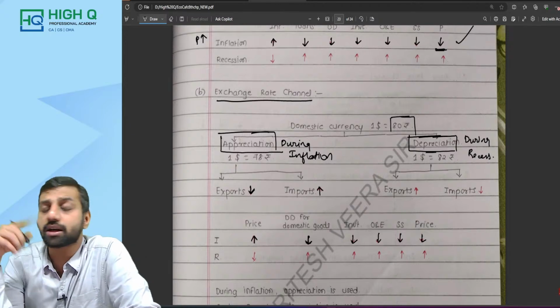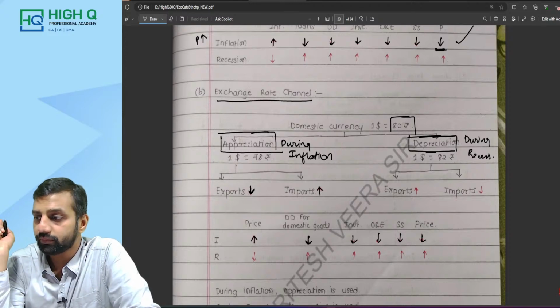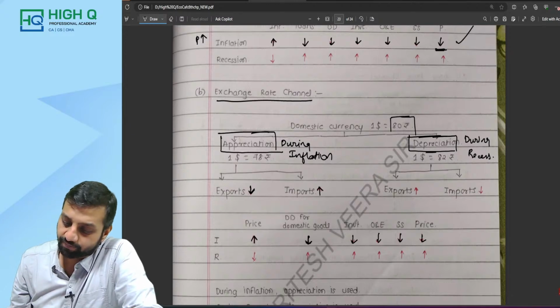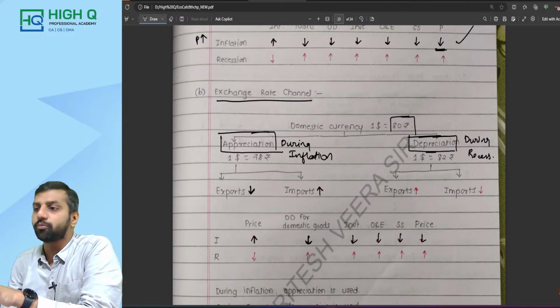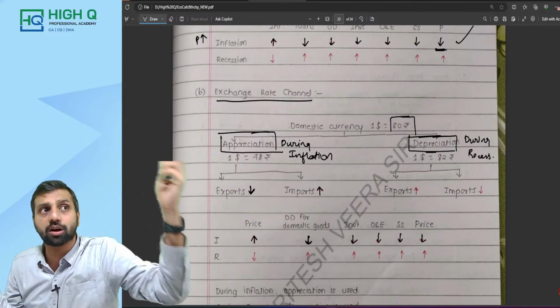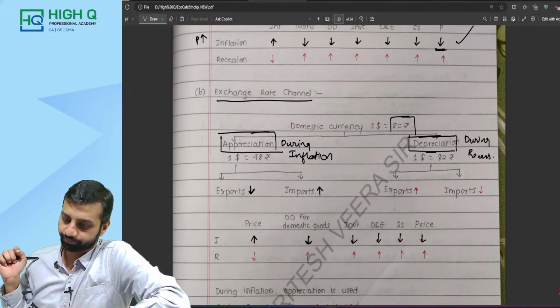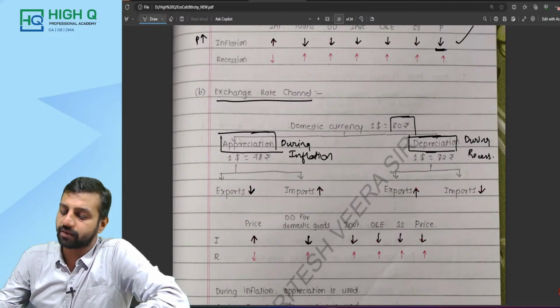When $1 becomes 82 instead of 80, now what will happen? When you export, you will get more rupees. Though you get more, you actually become a cheaper commodity for those who are importing. So exports will be more and imports will be less.